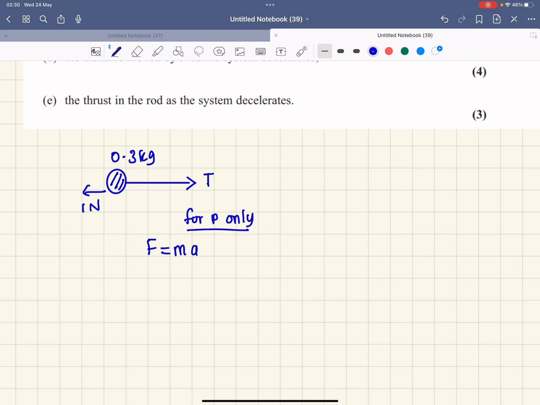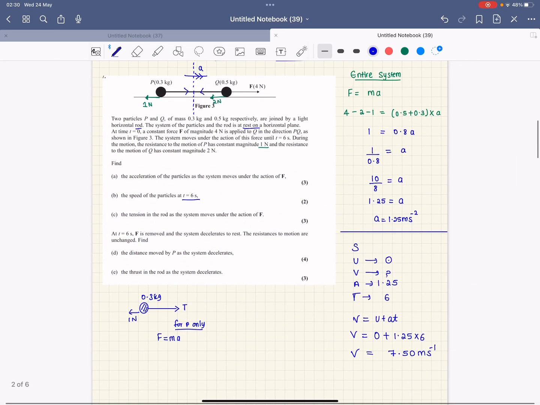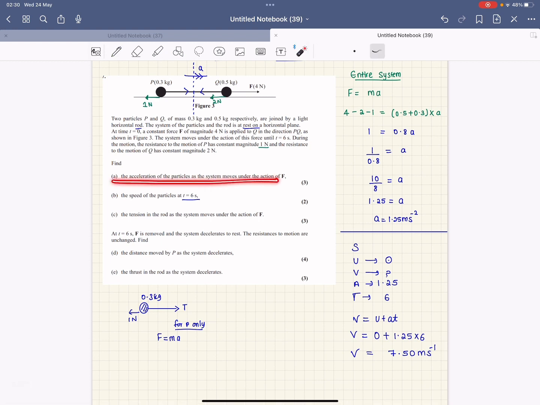So as you may see, I applied F equals ma in the first question for the entire system. But to find tension, you can't apply it to the entire system because the tension cancels each other.